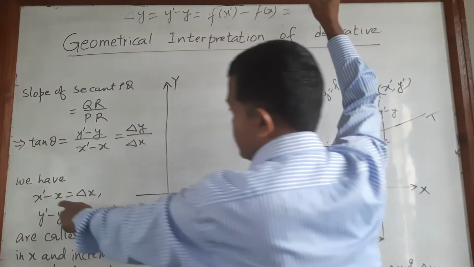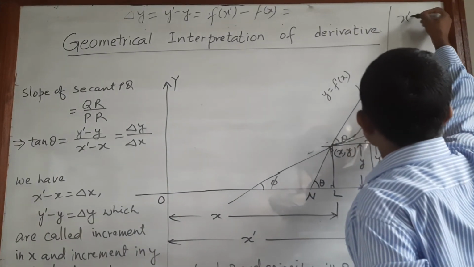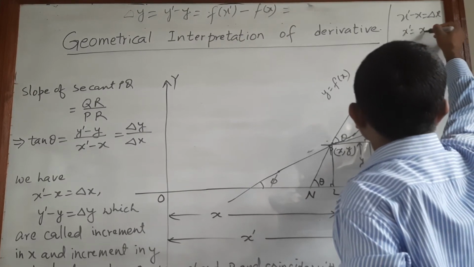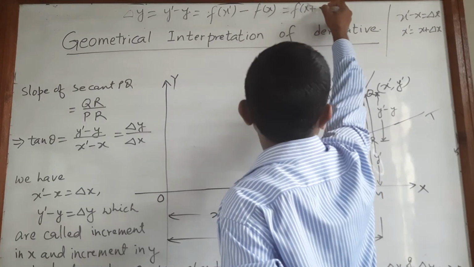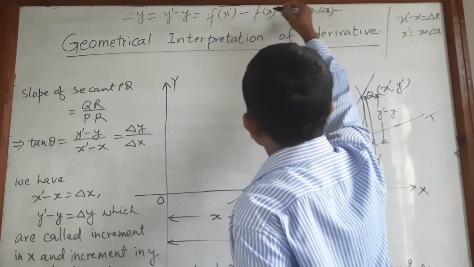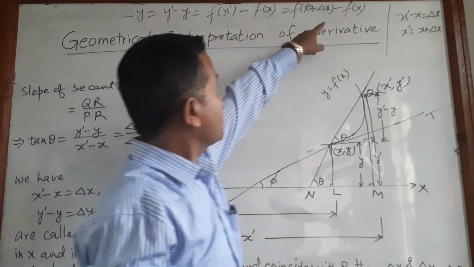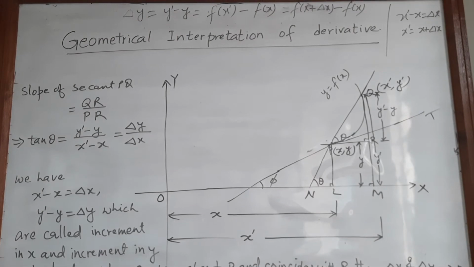And x' minus x is del x, so x' will be x plus del x, so f(x') means f(x plus del x). So del y becomes f(x plus del x) minus f(x).